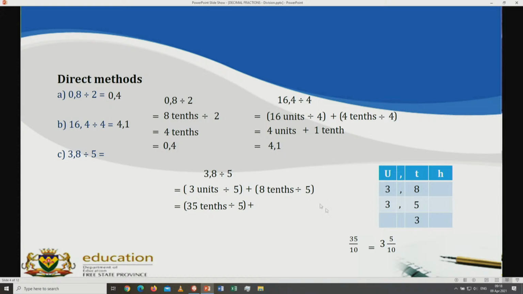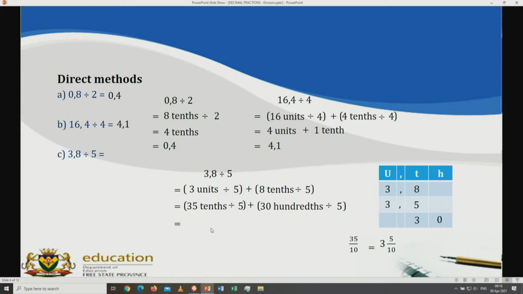Again, 5 cannot come into this 3, but 3 tenths is the same as 30 hundredths. Therefore we say 30 hundredths divided by 5.